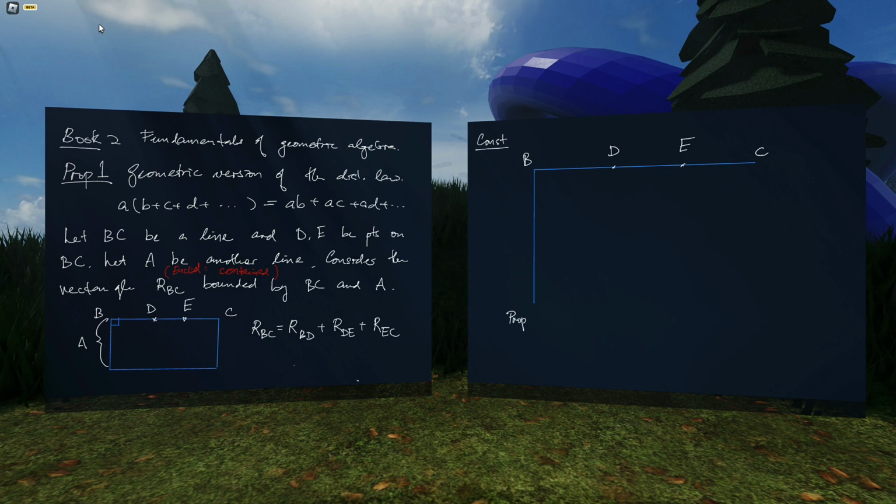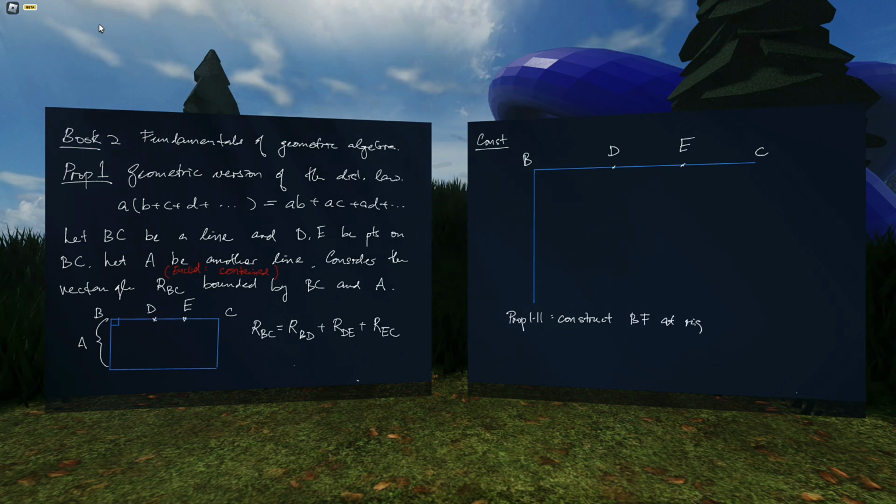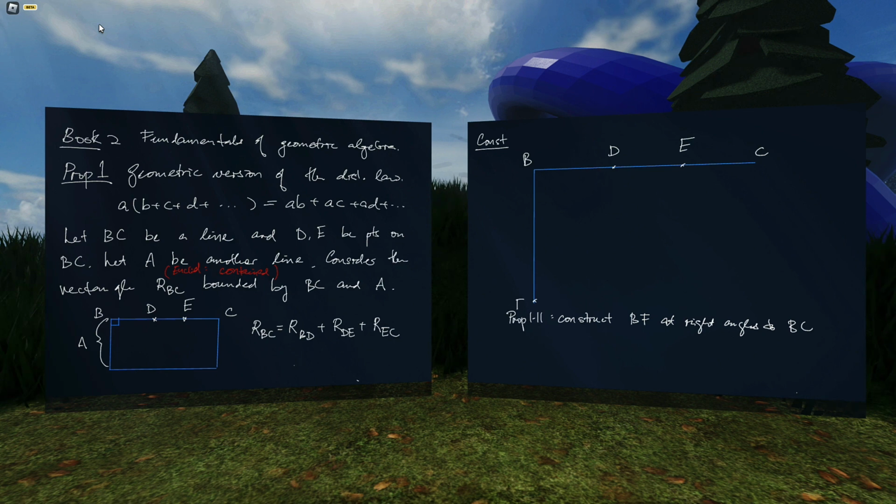In proposition 1.11, now we have to say from chapter 1 because we're on book 2, this allows us to construct a line BF, which is perpendicular, or at right angles, to BC. Right, and F is here.